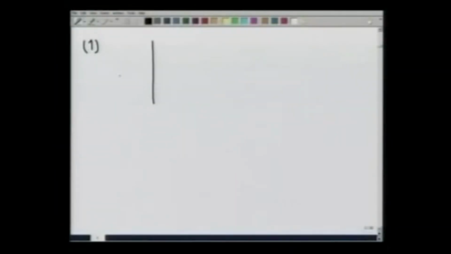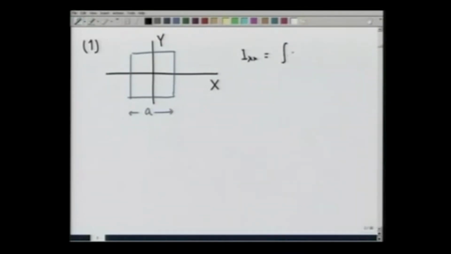Let us now work out some examples of how to calculate these. As the first example, I take a square of side A and calculate for it the moment of area about the x-axis and about the y-axis and its product of area. Ixx is equal to, by definition, the integral of y square dA.